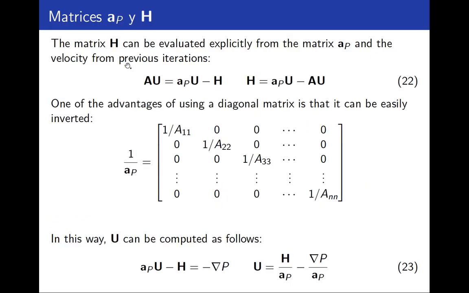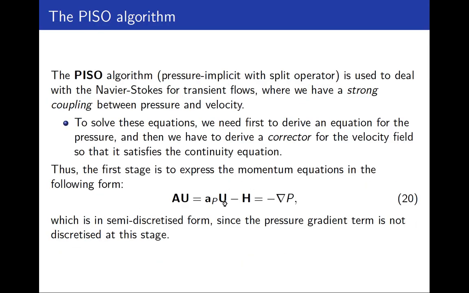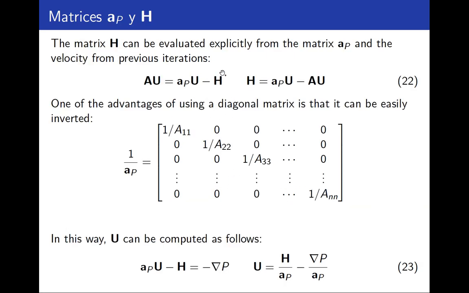So the matrix H also can be evaluated explicitly from the matrix AP and the velocity from previous iterations. So from this equation, equation 20, we can isolate this equation for H, and then we can obtain explicitly the matrix H by knowing the matrix AP and the velocity from previous iteration.